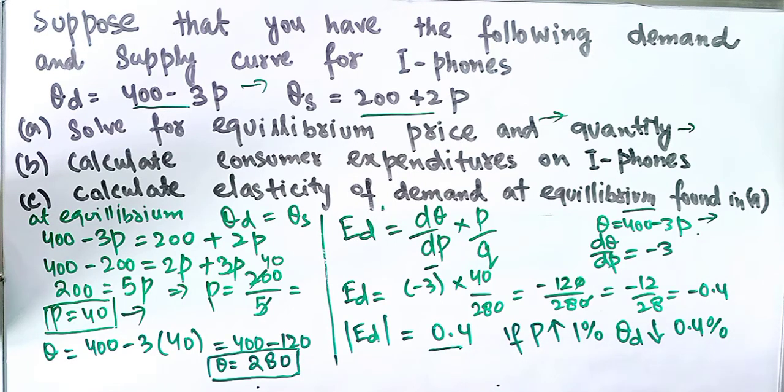By this number which we have calculated, it simply tells us if price increases by 1%, quantity demanded will decrease by 0.4%, or if price decreases by 1%, quantity demanded will increase by 0.4%. Okay, because we know there is an inverse relationship between price and quantity demanded, which is the basics of the law of demand. I hope I make myself clear in this video.